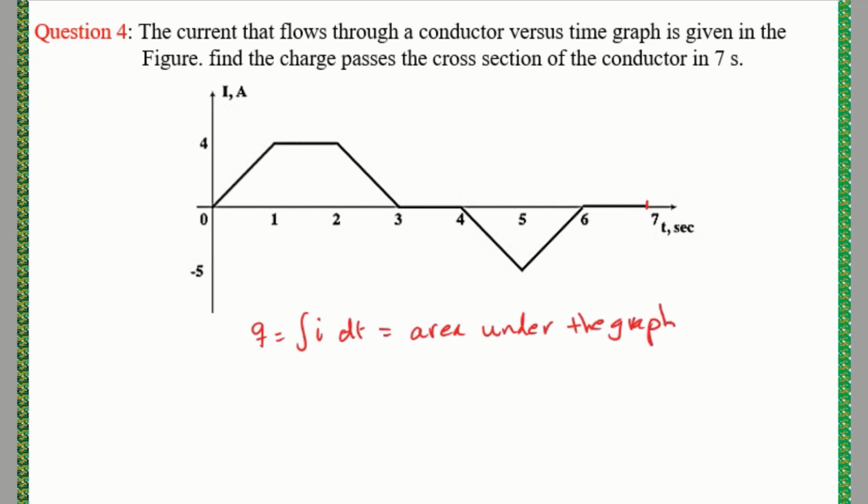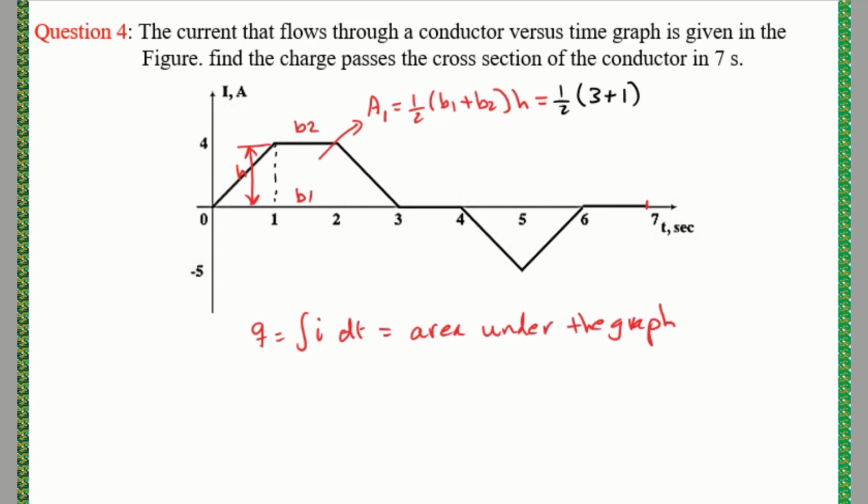So the thing is to find the area under this graph. This shape we have P1, P2, and the height is 4. The area for this section A1 equals 1/2 (P1 plus P2) times H. 1/2, P1 is 3 plus P2 is only 1.